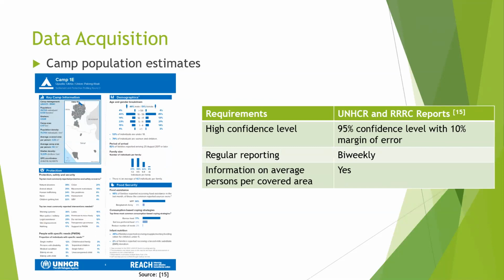So the second piece of information needed to derive image-based population estimates is actually having population estimates to determine the average persons per covered area or the average persons per dwelling. The United Nations High Commissioner for Refugees, along with the Refugee Relief and Repatriation Commission of the government of Bangladesh, publishes a high-confidence, regular bi-weekly report on the population estimates at all the different camps located in Bangladesh.